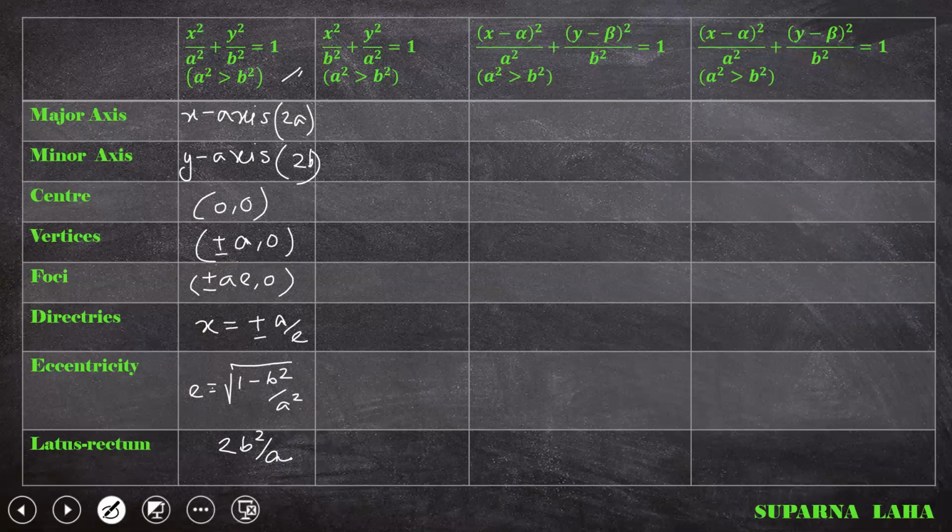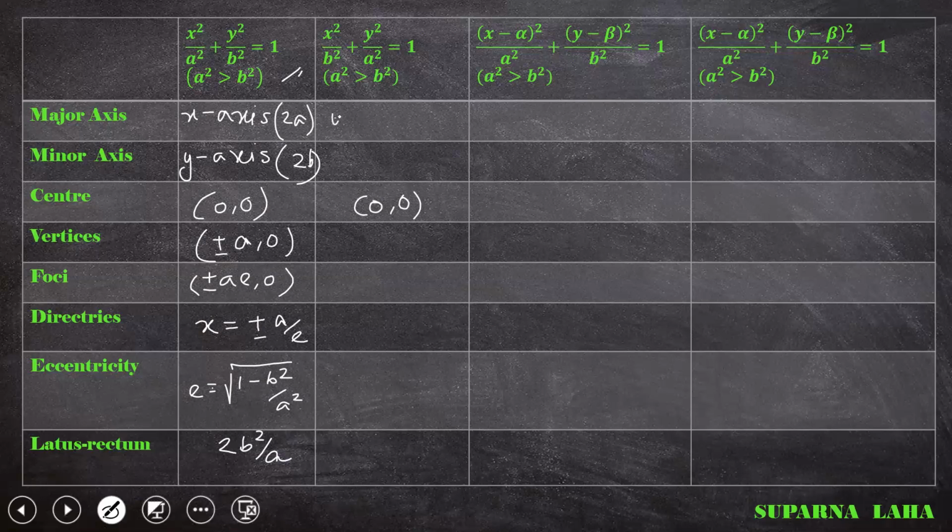Now, if the major axis is the y-axis and the minor axis is the x-axis, and the center is at the origin. But look here. I am taking the length of the major axis as 2a and the minor axis as 2b, but their axes are changed.